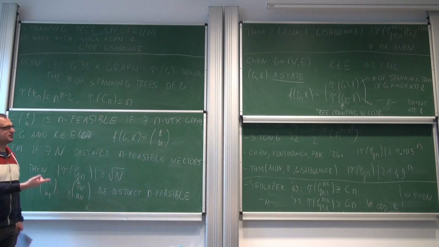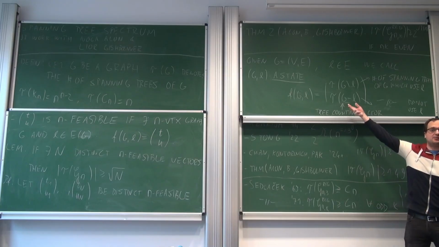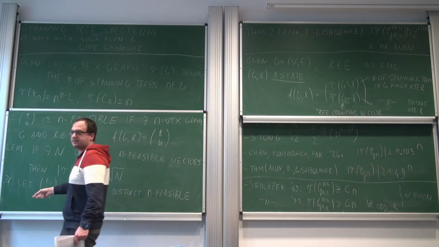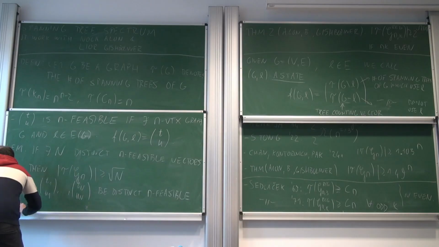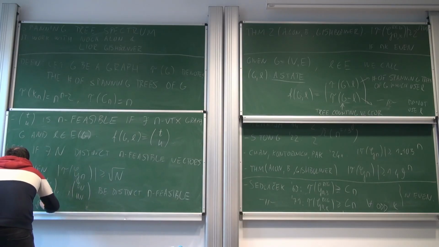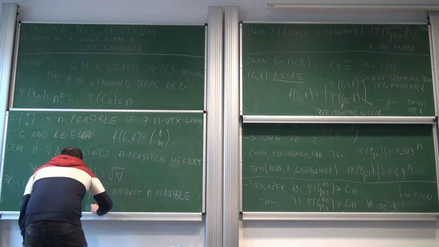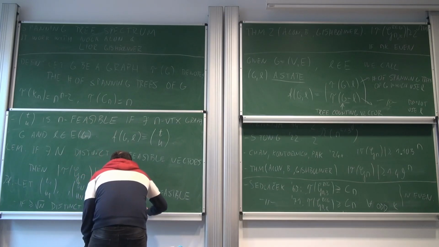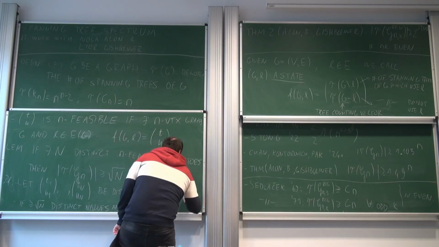Because remember, what is the second coordinate of this vector? Just a spanning tree count of some n-vertex graph. This G minus E is still an n-vertex graph. So if you get root N different values in the second coordinates, you're done. So if there are at least root N distinct values among u1 up to uN, then we are done.